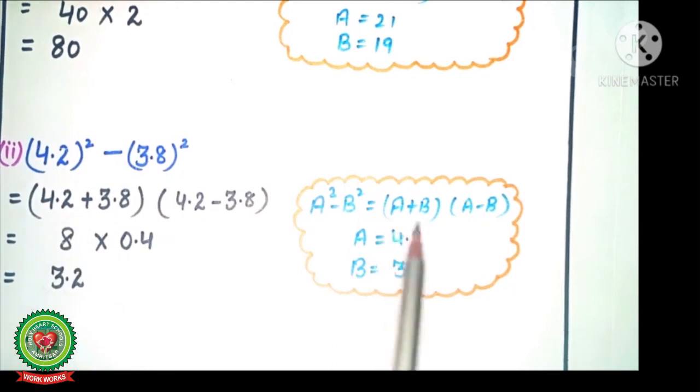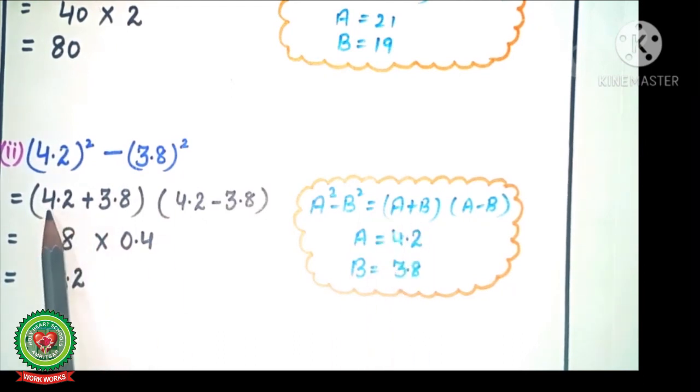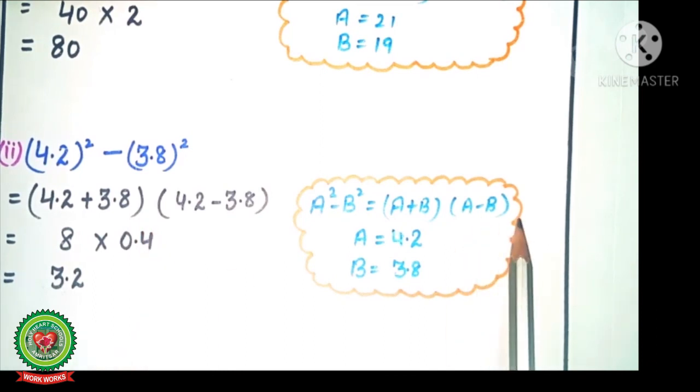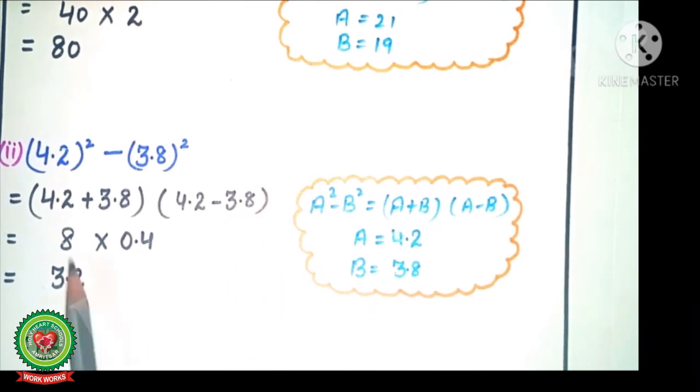That is, a plus b will be 4.2 plus 3.8 in one bracket, and a minus b means 4.2 minus 3.8 in another bracket. Now when we add them, we will get 8. There is no sign between these two brackets, which means a multiplication sign will be there. And 4.2 minus 3.8 will be 0.4. So 8 into 0.4 gives 3.2. So that is the answer for this statement.